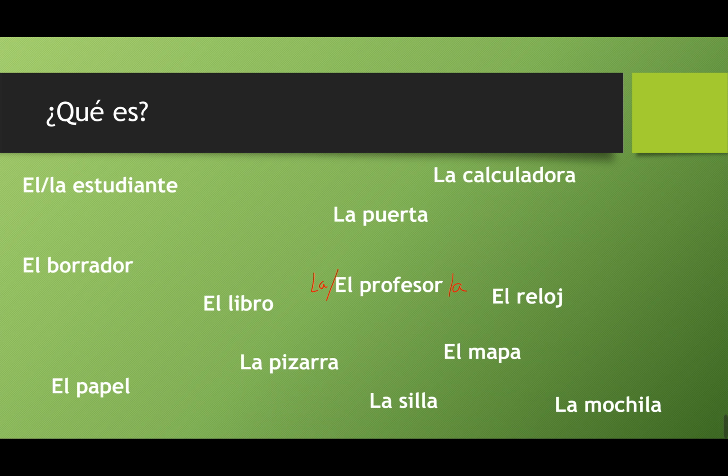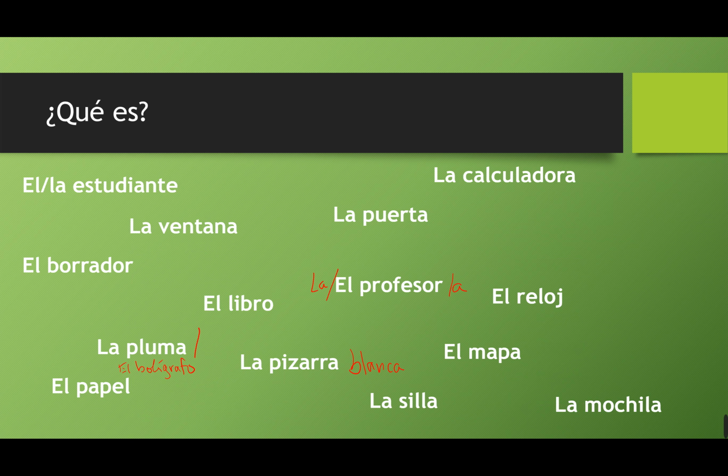La pizarra. ¿Qué es pizarra? It's a chalkboard. O la pizarra blanca, a whiteboard. La pluma. A pen. También se puede decir el bolígrafo. El bolígrafo. A pen as well.